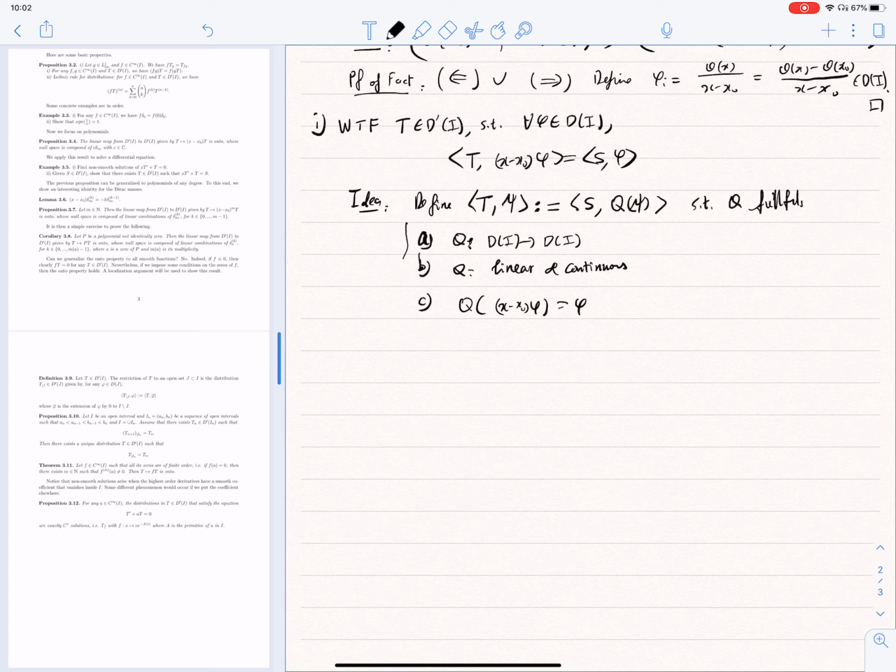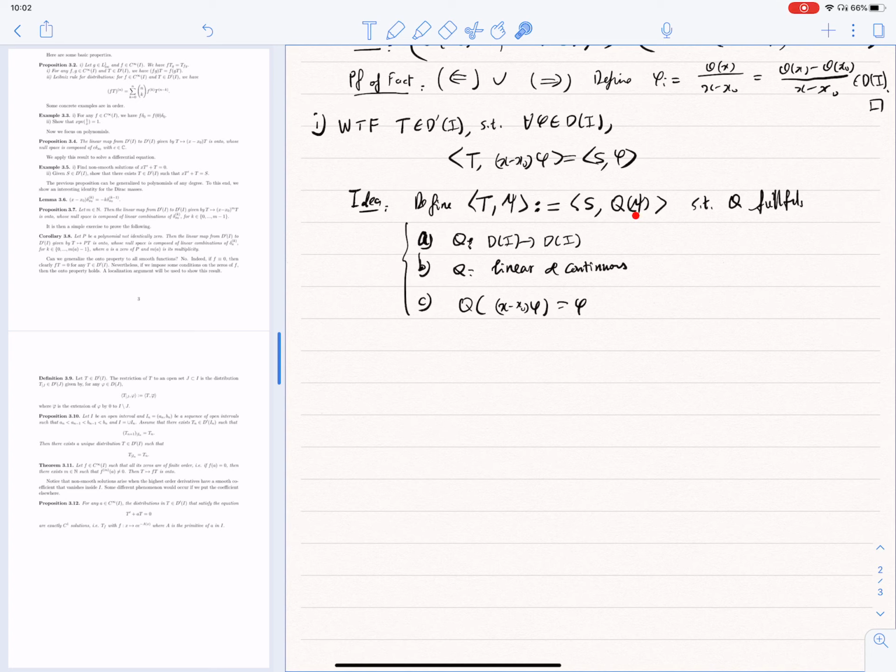Let me explain why we need these kinds of requirements. Firstly, we want this to be a test function. So this says that eventually we obtain a test function, so that the right side is the distribution applied to a test function, which is finite. And secondly, if Q is linear and continuous, we have that the left-hand side, as a linear form on the space of test functions, is linear.